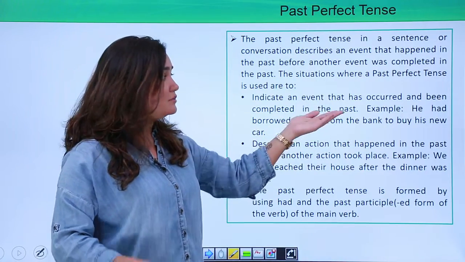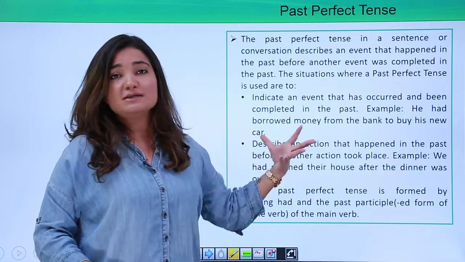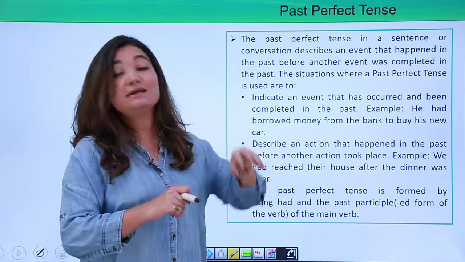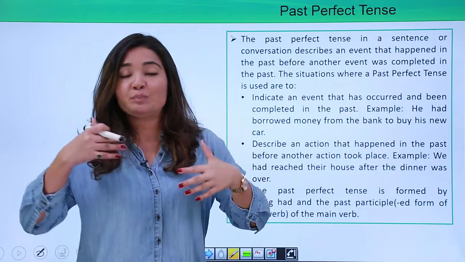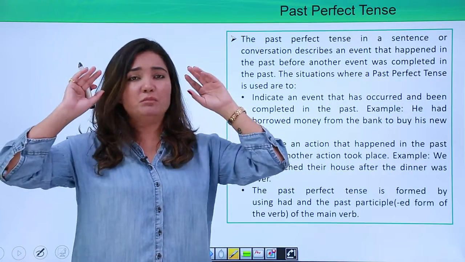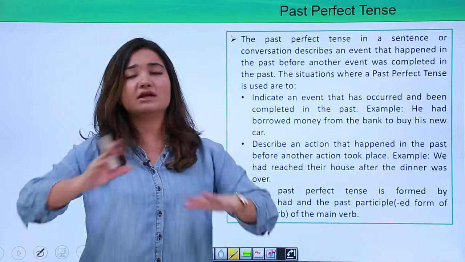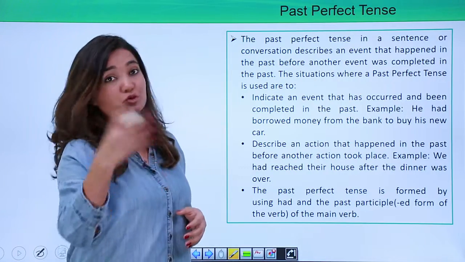For example, he had borrowed money from the bank to buy his new car. So something that started and ended in the past, right? Whenever you see such a situation, you can very easily, with your eyes closed, gauge that this refers to past perfect tense.